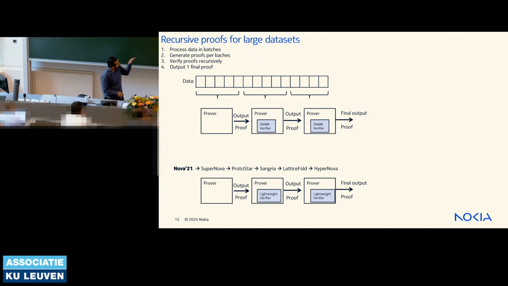So there is a new track that started in 2021, recursive proofs called Nova. They took this idea, but actually inside they don't do a SNARK verification. What they do is some sort of lightweight verification. So you prove the first chunk of data, you generate the compute, you generate the proof, and you verify that very efficiently by checking some hashes and things like that.